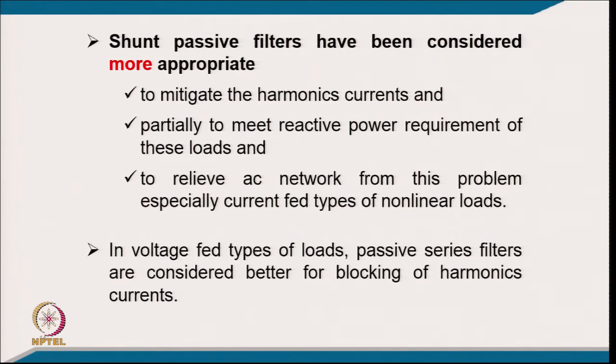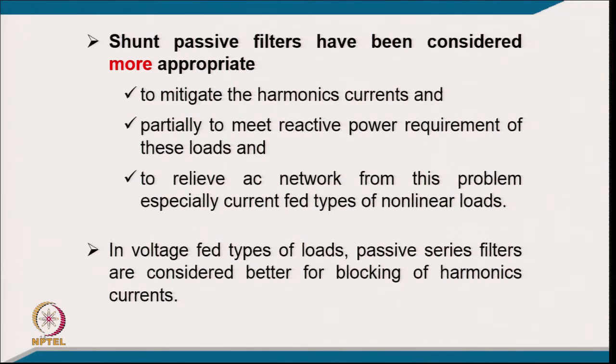And for voltage fed type loads, passive series filters are considered better for blocking the harmonics. An example of a voltage fed load, which we gave last time, is a diode rectifier followed by a DC link capacitor, which forms a constant voltage source, so we call it voltage fed.